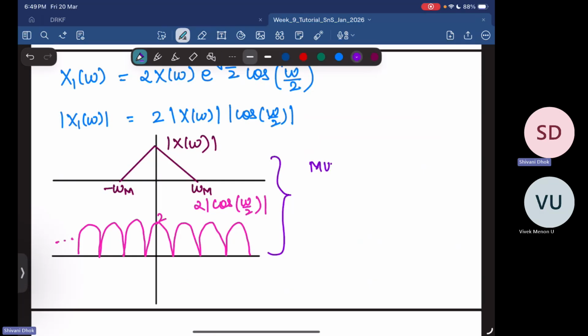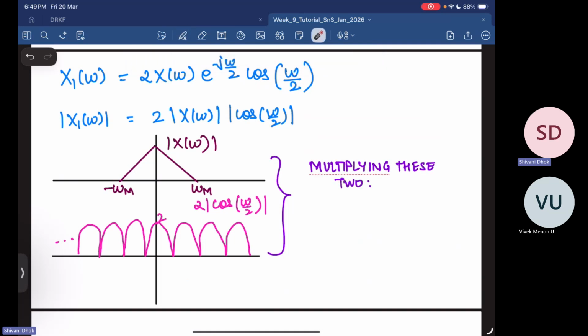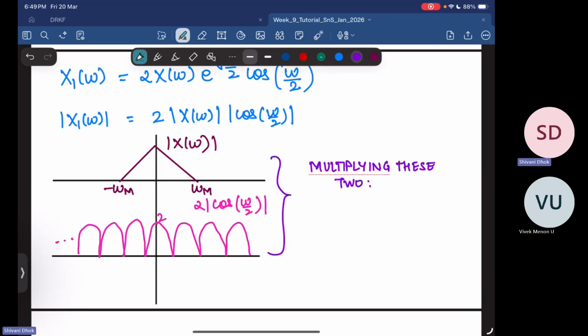When you multiply these two, what will you get? For omega greater than omega m and for omega less than minus omega m, the magnitude of x of omega is 0. So when you multiply this with this particular signal, you will again be restricted to this band.